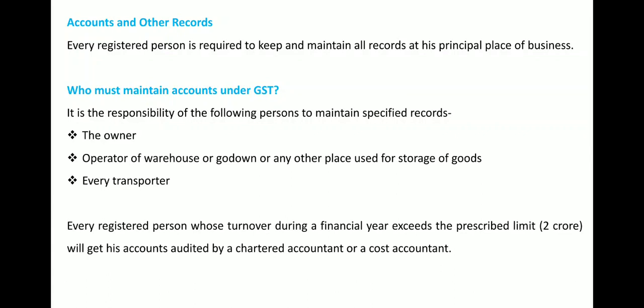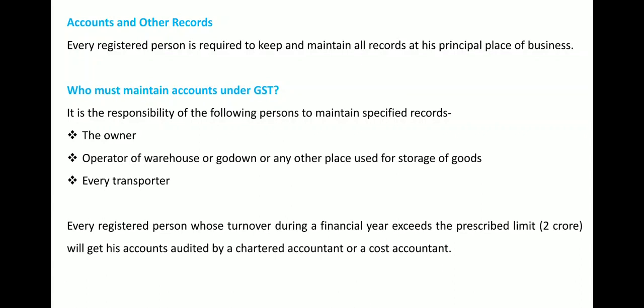And every registered person whose turnover during a financial year exceeds the prescribed limit, that is 2 crore, must get his accounts audited by a chartered accountant or a cost accountant every year.